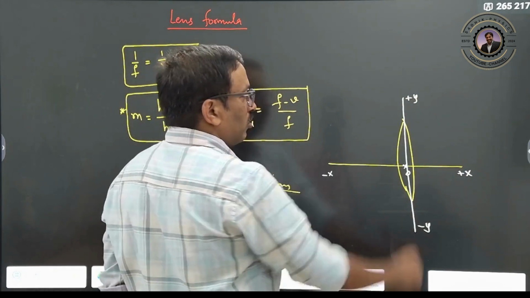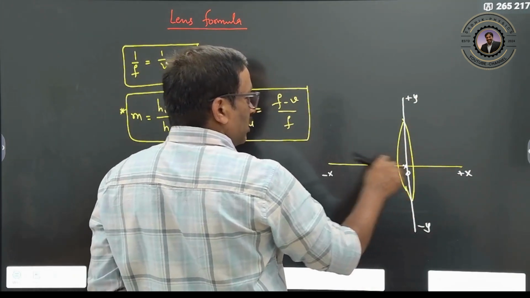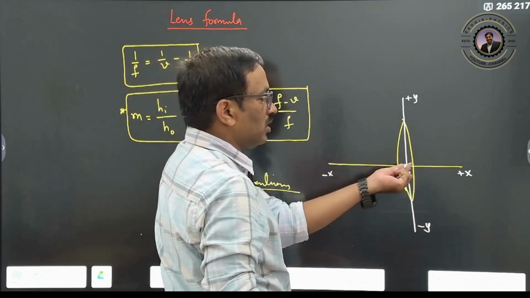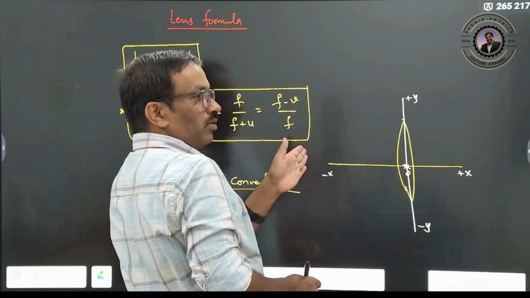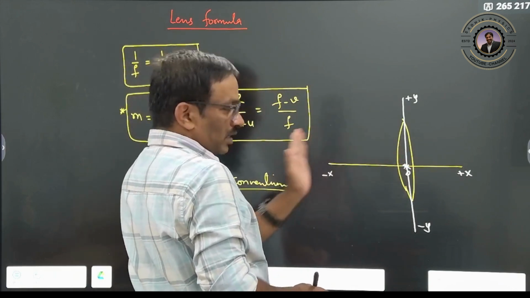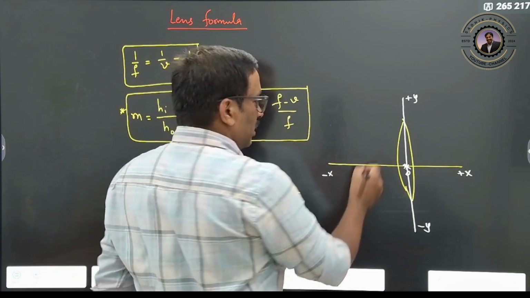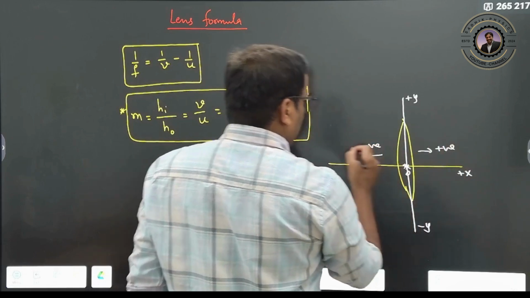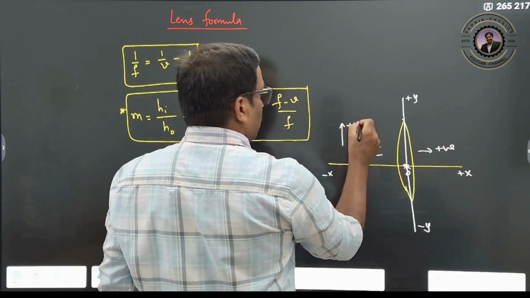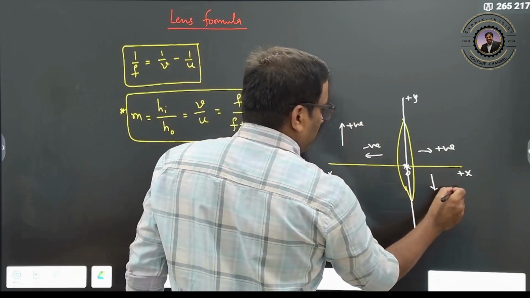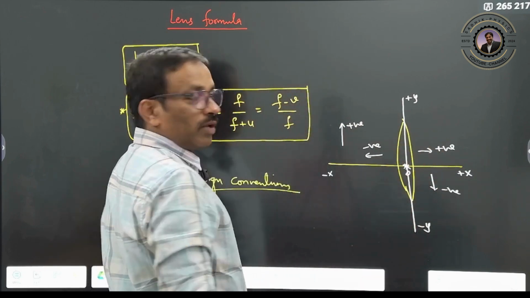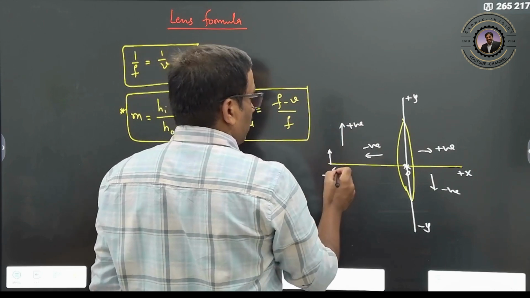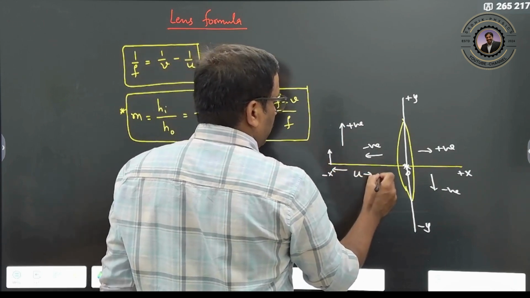All the distances should be measured from the optic center only, that is the origin. This side, any distances are negative, and this side it will be positive, and this side positive, and this side negative. One more important thing: most of the time you keep the object on the left side, so u should be negative.